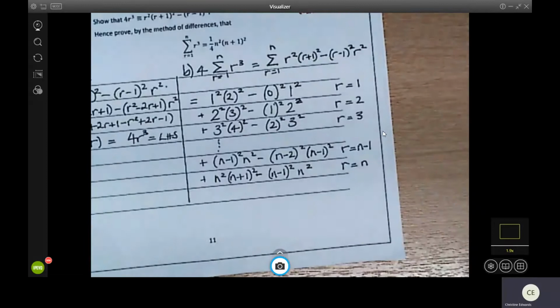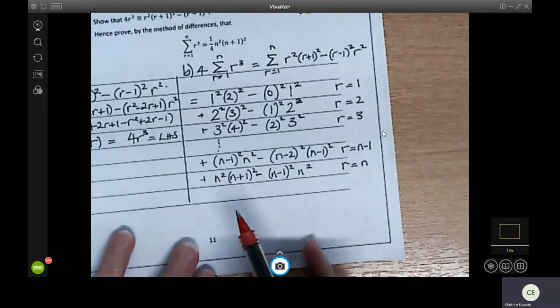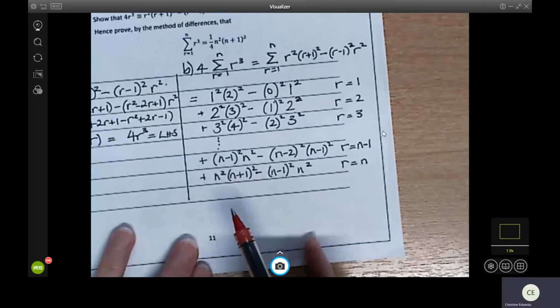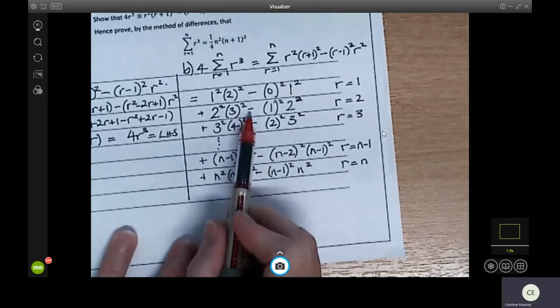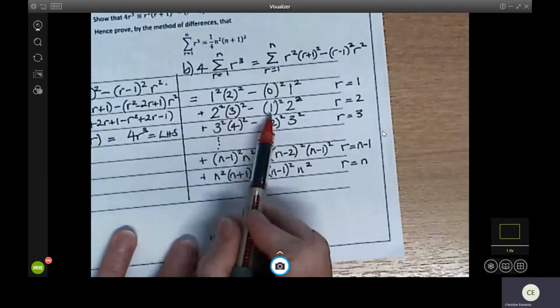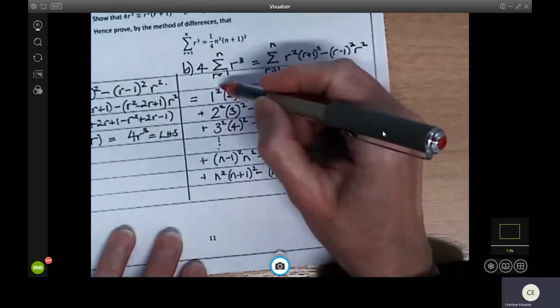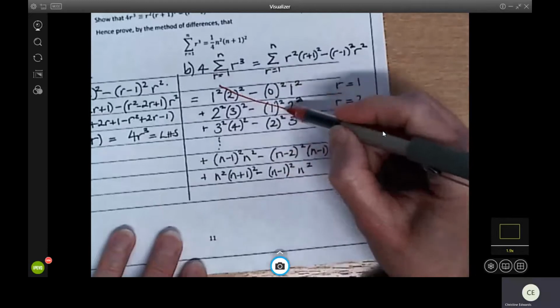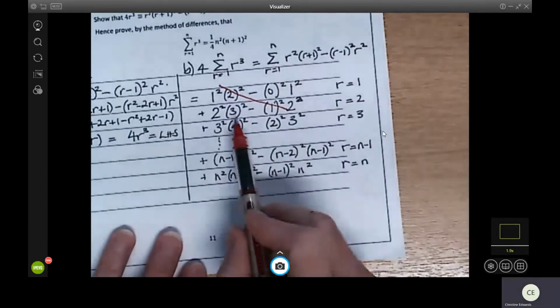Now, what I do now is I look for patterns where I have cancellations. So you can see here that this term and this term are the same. This one is positive, this one is negative. So this term cancels with this term. Likewise, this one and this one.